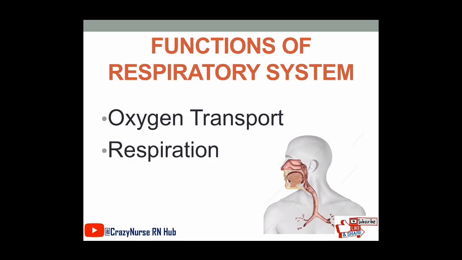After these tissue capillary exchanges, blood enters the systemic venous circulation and travels to the pulmonary circulation. Lastly, we have ventilation. Ventilation requires movement of the walls of the thoracic cage and of its floor, the diaphragm. So basically, these three functions are for your respiratory system.